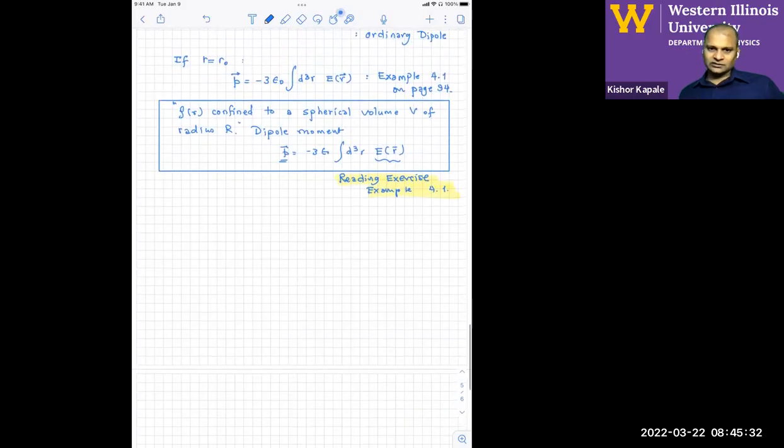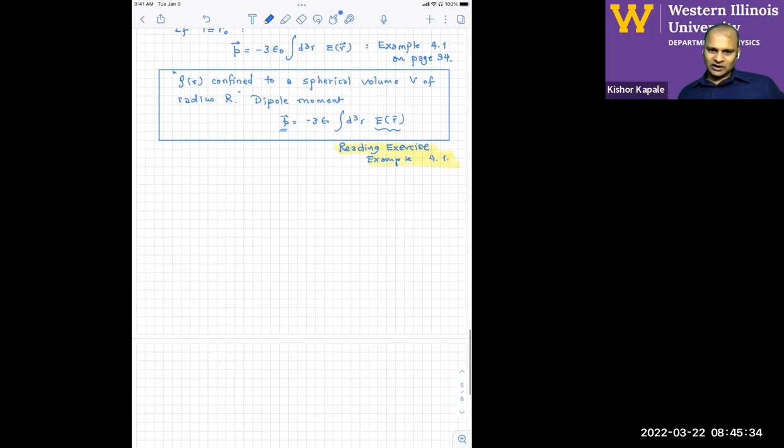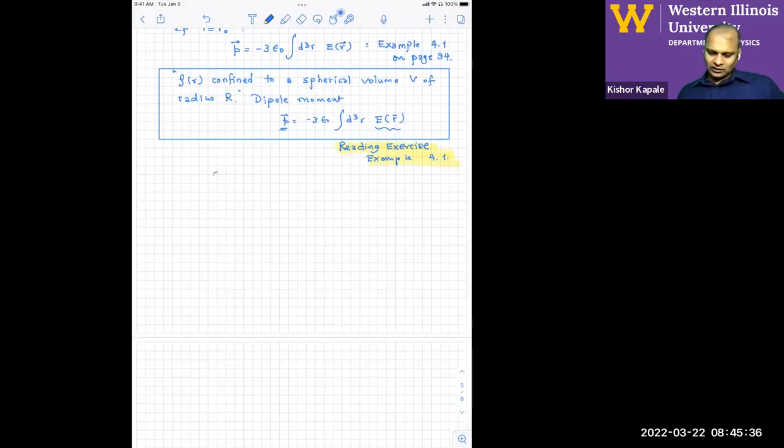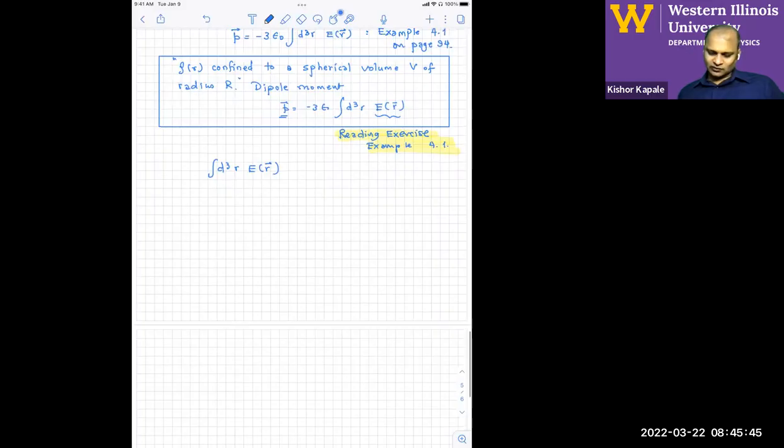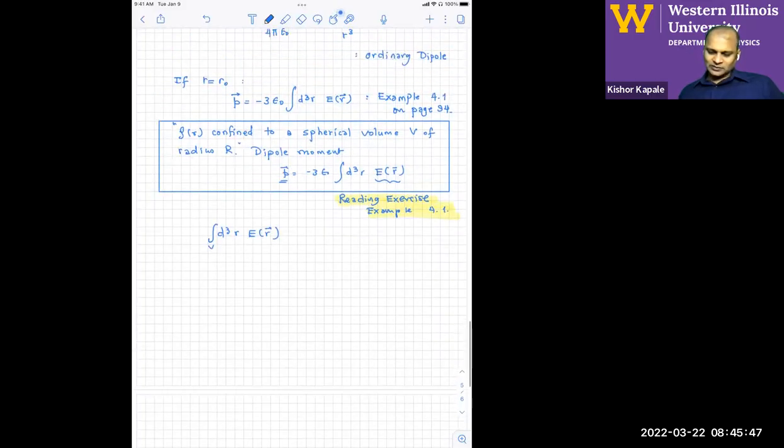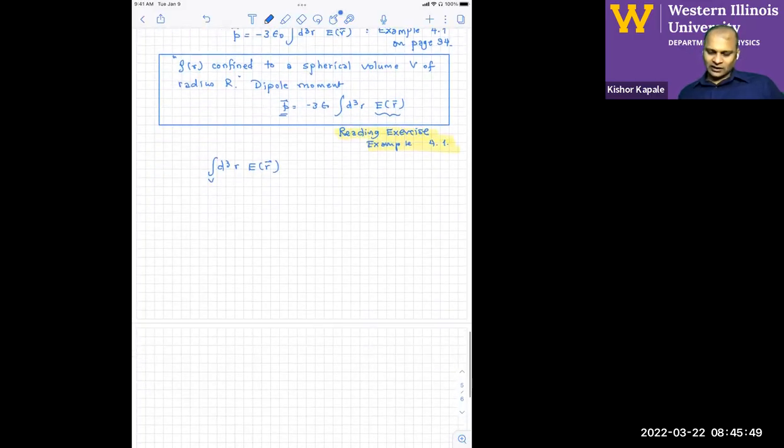So that's how we're going to use this expression for determining the dipole moment of the electric field, right? So we're just moving these things around. So that expression, I'm just moving it around. The integral over that volume of the total electric field is negative P over 3 epsilon 0, as R goes to R0.